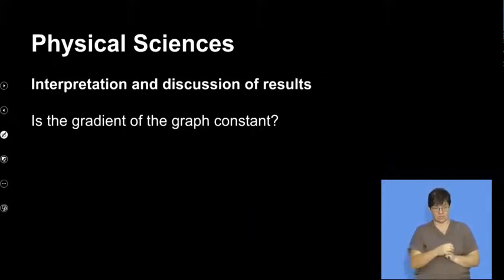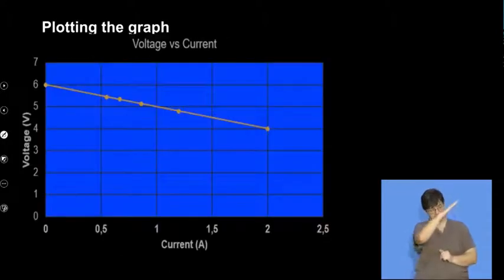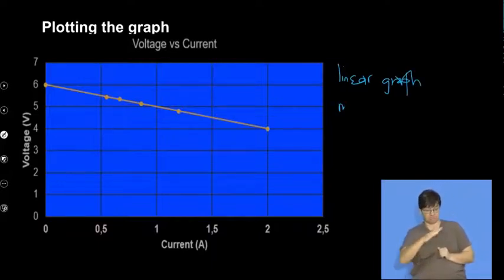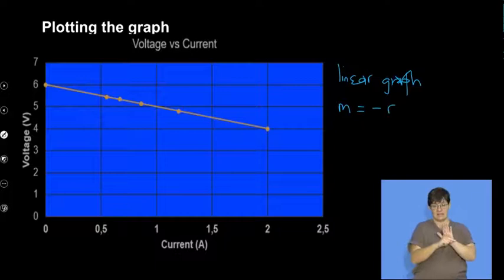The first question says, is the gradient of the graph constant? It is definitely constant, yes, because this is a linear graph. And we said that the gradient of this graph actually represents the negative value of the internal resistance.